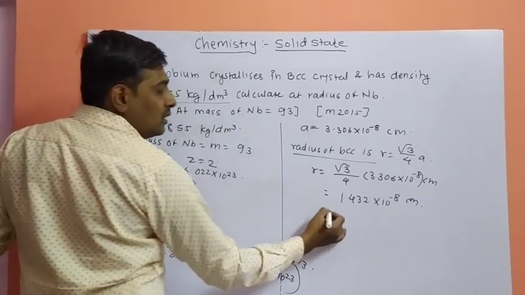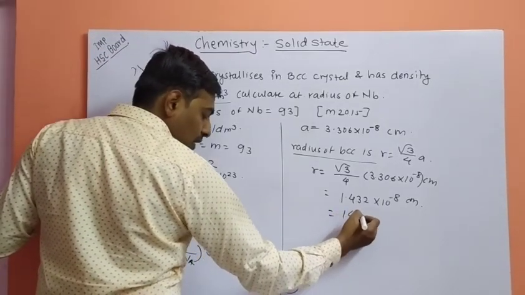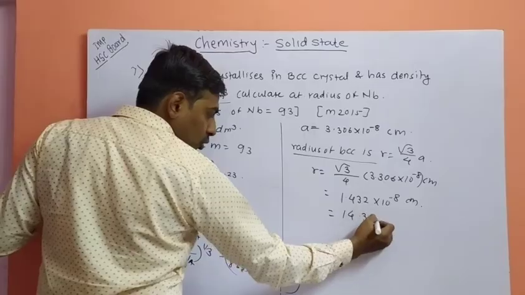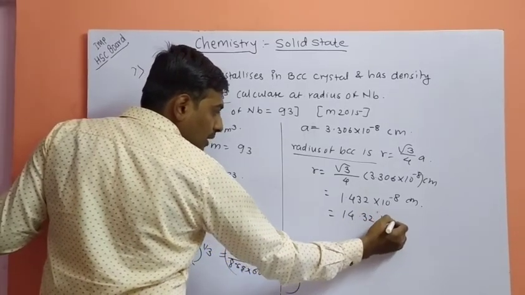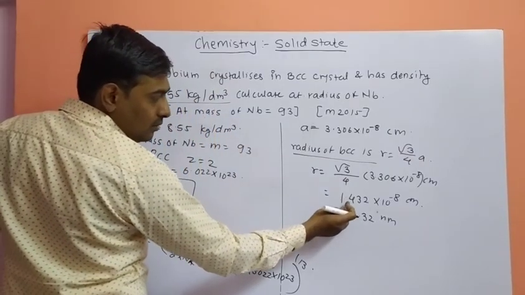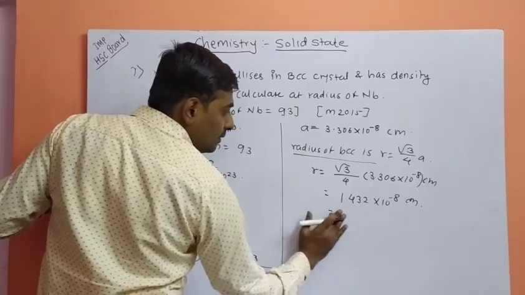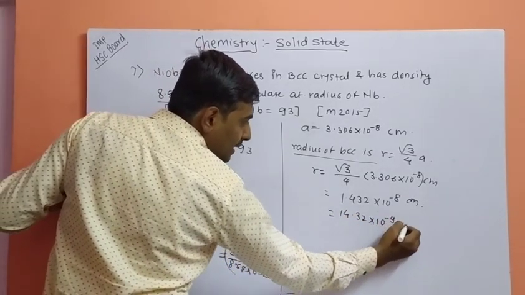To express the radius in nanometer, nanometer is 10 raised to minus 9, so just shift: 1.432 into 10 raised to minus 9 centimeter.